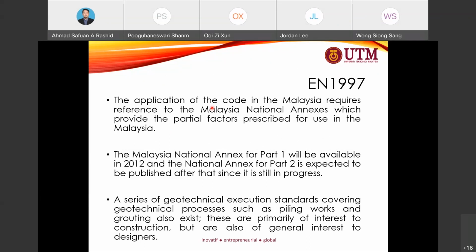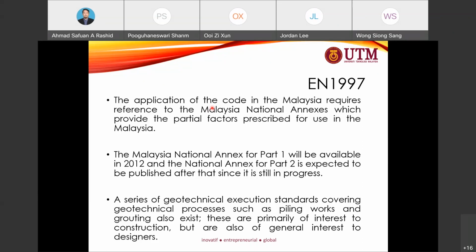The Malaysian National Annex for Part 1 is already available in 2012, and the National Annex for Part 2 is expected to be published after that, since it is still in progress. However, still in 2022, Part 2 has not been published yet.